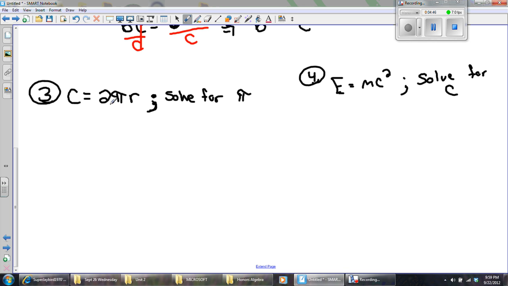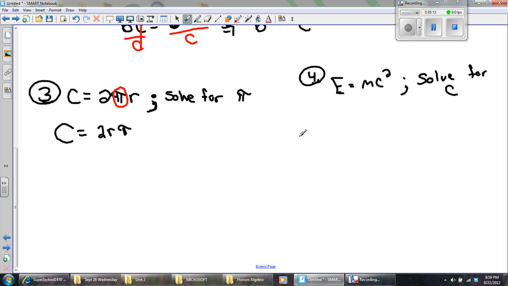So let me see here. I want to get the pi alone. And it looks like a 2 is attached by multiplication, and an r is attached by multiplication. Well, because multiplication is commutative, meaning that 3 times 4 is the same as 4 times 3, I can change the order here. And I can write this as 2r pi.